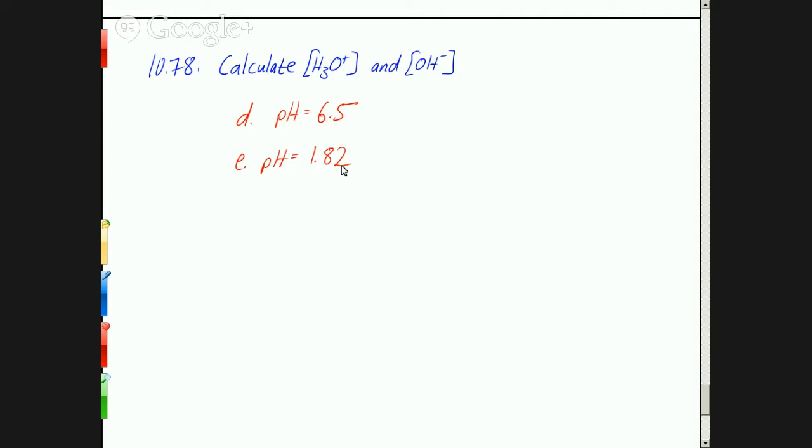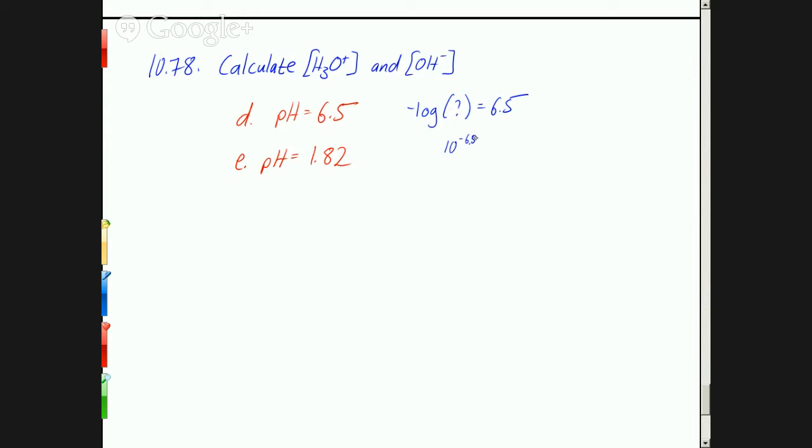So another way of saying this is, what number does the negative log of this number equal 6.5? So what number do we take the negative log of and end up with 6.5? That is 10 to the minus 6.5. You see how that fits in there? If you take the negative log of 10 to the minus 6.5, you get 6.5.